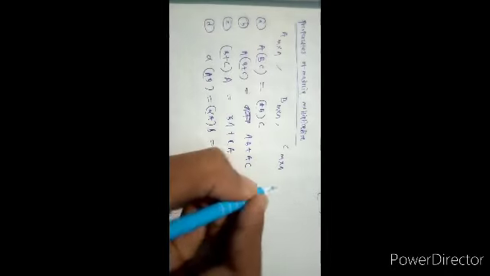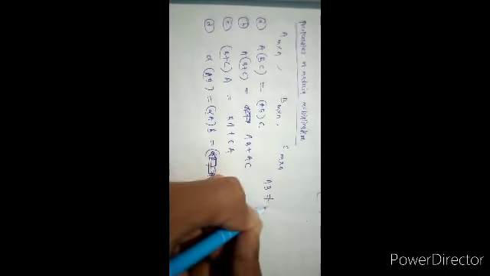But always keep in mind that AB is not always equal to BA, because matrix multiplication is not commutative. Okay. The most important one is Im, the identity matrix of order m.